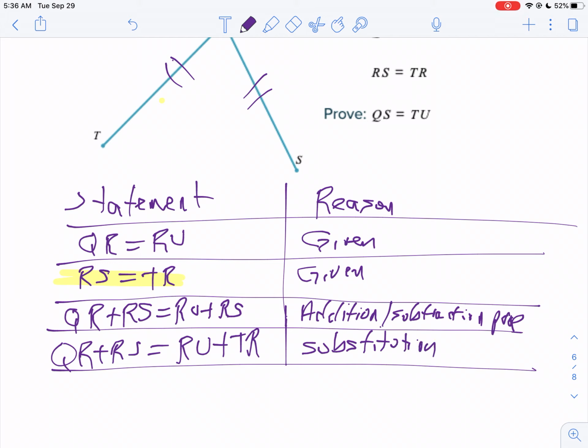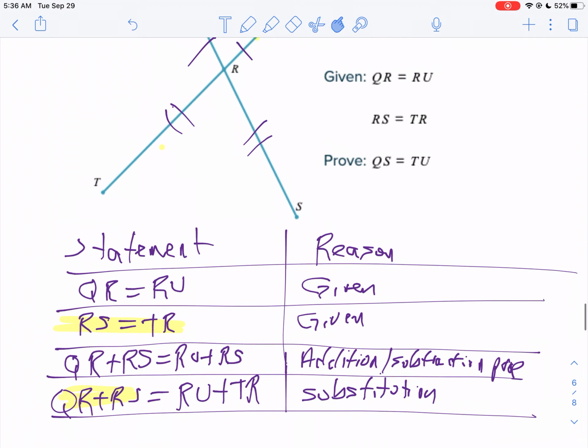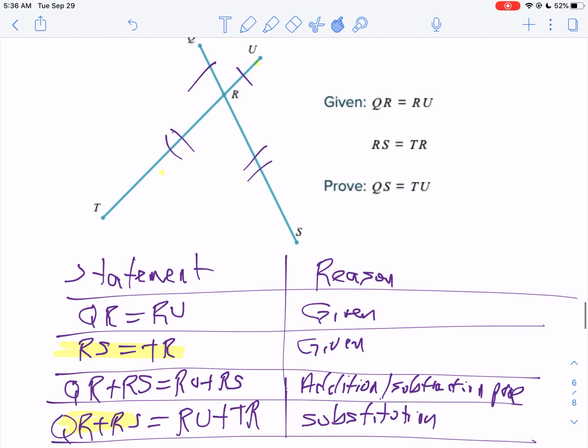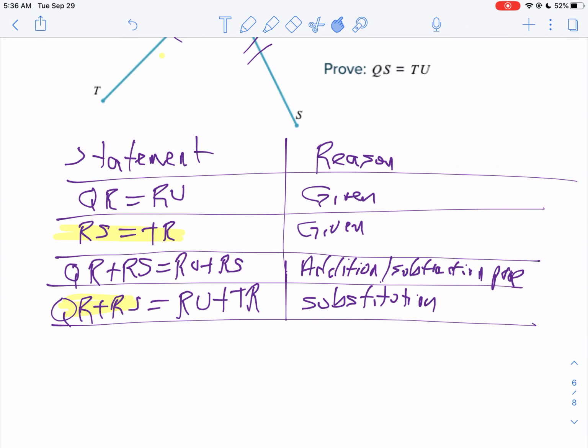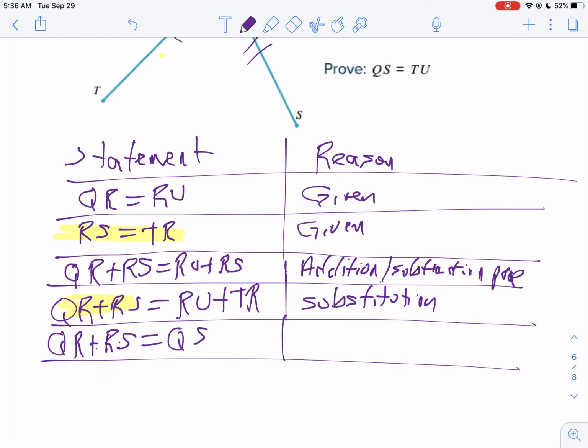Now look at your picture. What do you get when you add QR plus RS? Well, QR plus RS is QS. So I'm going to say that, QR plus RS equals QS. What says we can do that? That's the segment addition property.